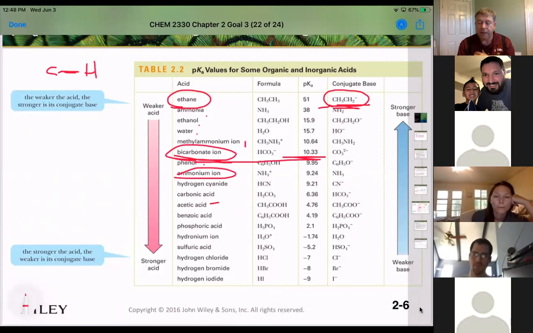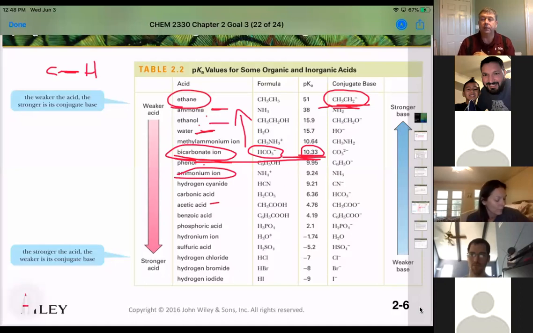I have to use something above it on the chart. So I have this carbonate ion and I want to take that last proton off. Well, I need to add water or ammonia or ethanol to be able to do that. So that's one way to look at this chart and use it to your advantage, is to think, huh, that didn't react. Oh, I need a stronger acid. I need a weaker base. I need to use it in that way, okay?